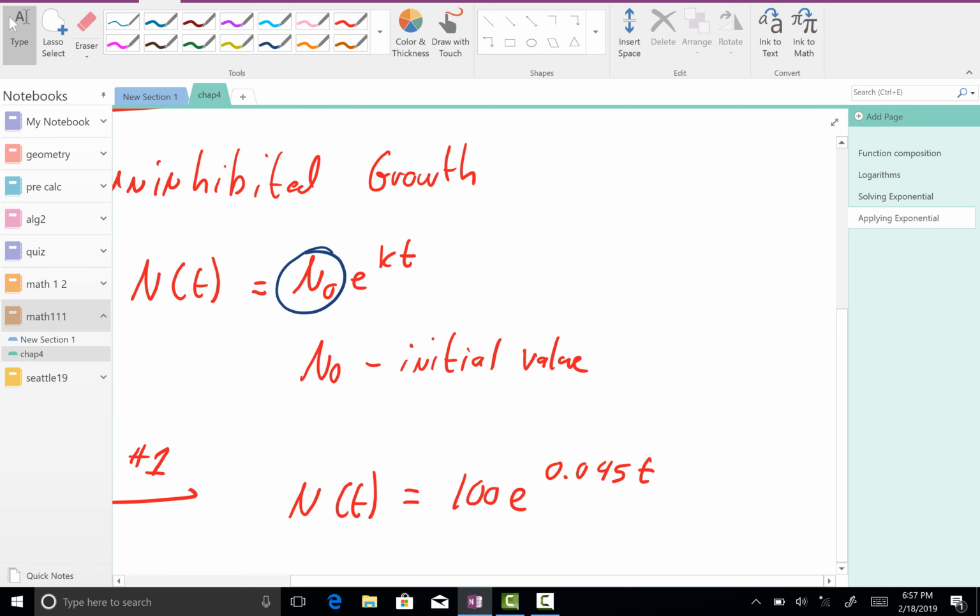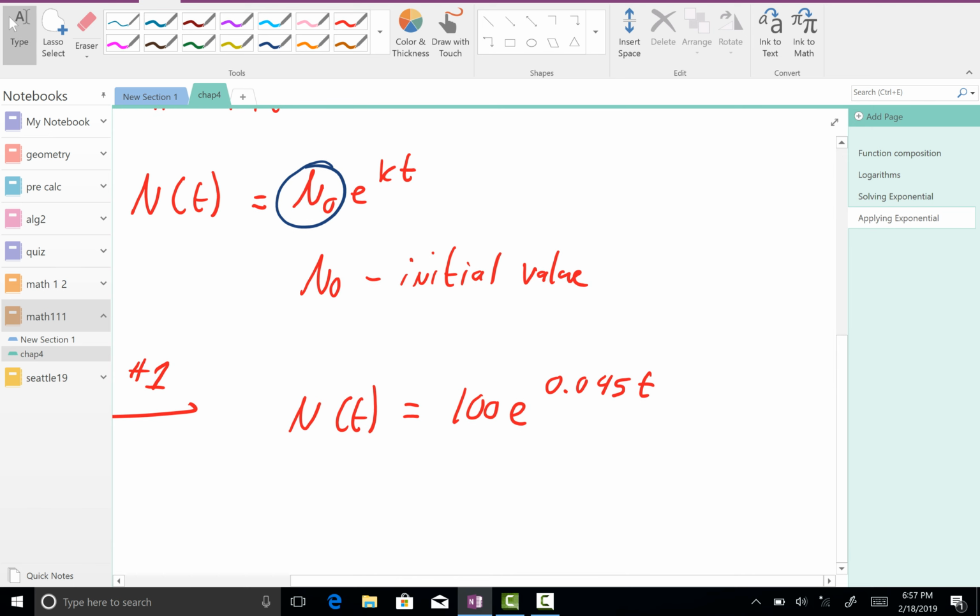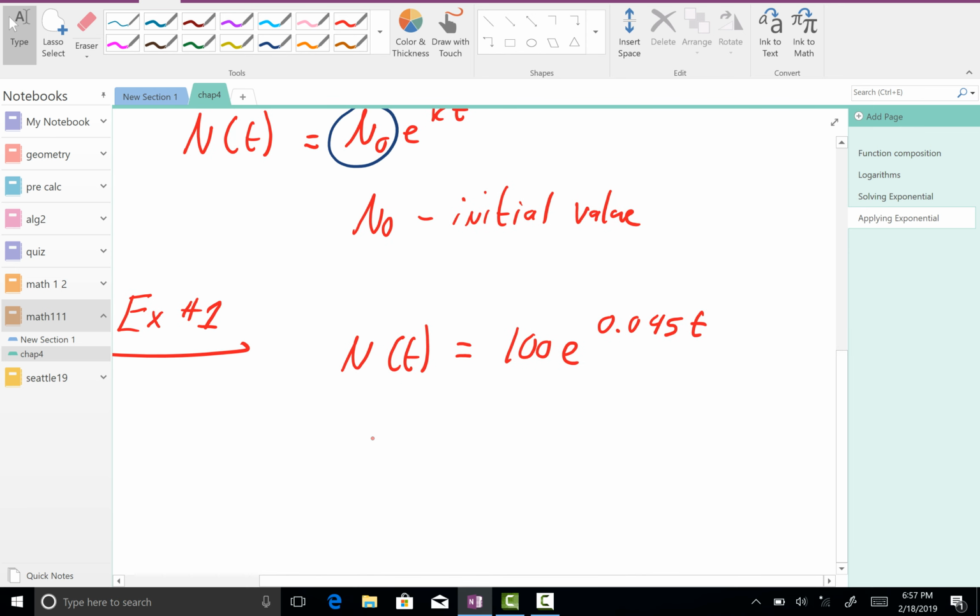It's not like they're just giving it to you and then you just got to manipulate it, right? So it says determine the initial amount. Well, that's easy. That's just going to be 100, because that's always that a value there.